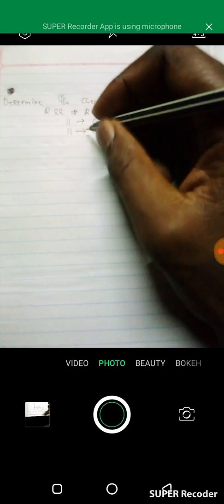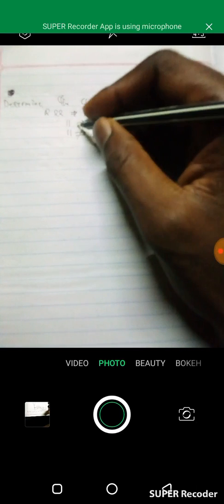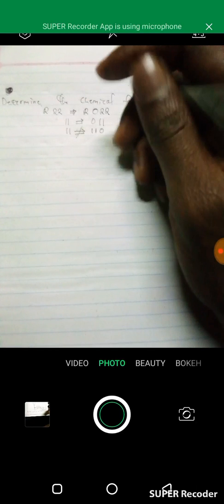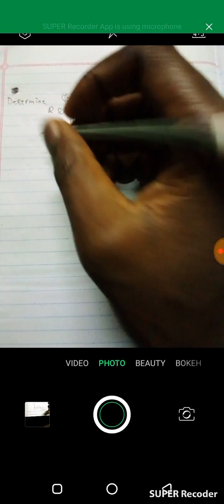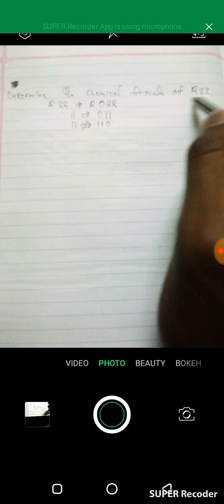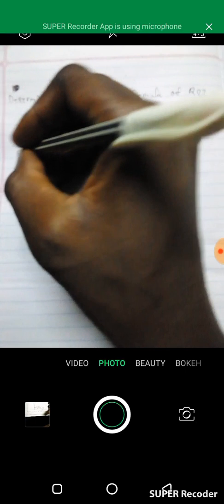So in this case, if they say determine the chemical formula for R22, we're going to say solution: R22 is R022.